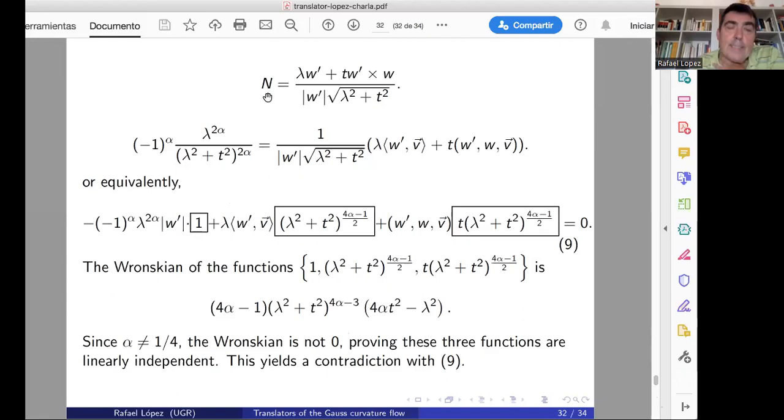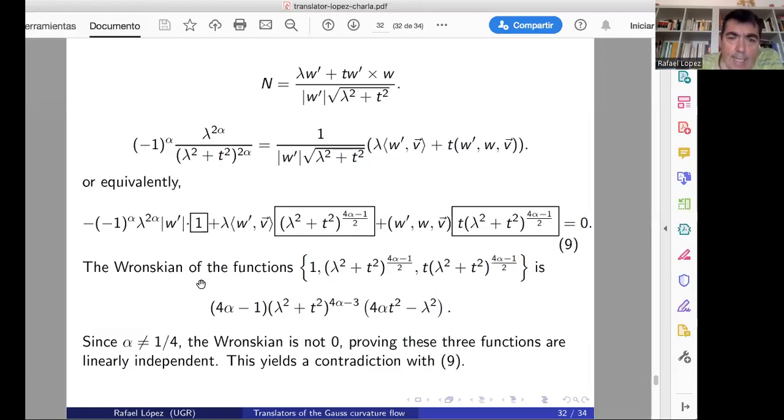Now, after the computation of the Gauss map, this is the equation of the surface. And after some manipulation, this is the equation. If you look here, a function appears that depends on t, and the coefficients depend on s.